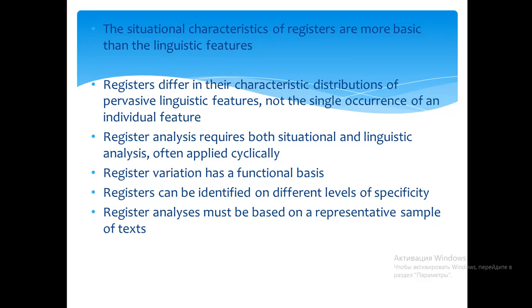Rather, register analysis always includes description of the situational context and interpretation of why particular linguistic features commonly occur in that context. The functional associations between linguistic patterns and situational factors are at the heart of studying register variation.